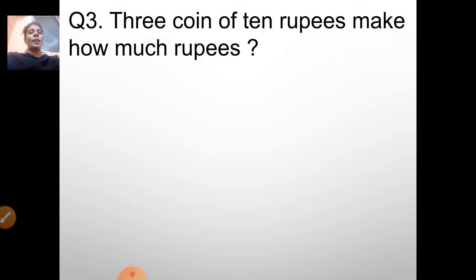Correct. And 3 coins of 10 rupees, rupees 30. So 3 coins will make 10 plus 10 plus 10, that is 10 3s are 30.